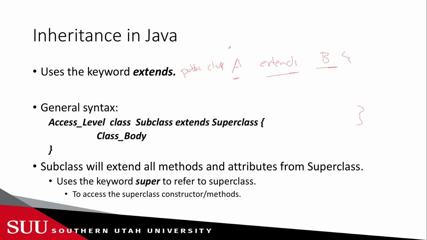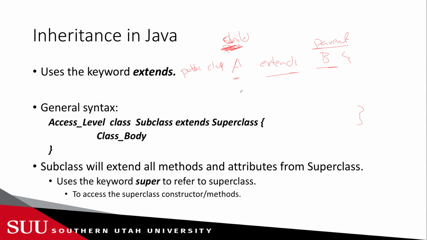That means A is the child class that's extending B, which is the parent class. So we have child extending parent.